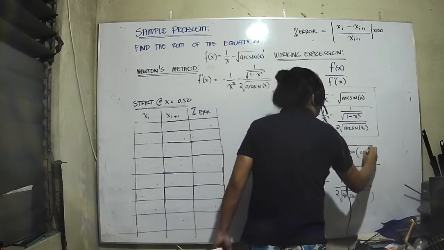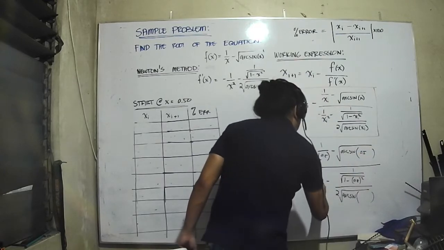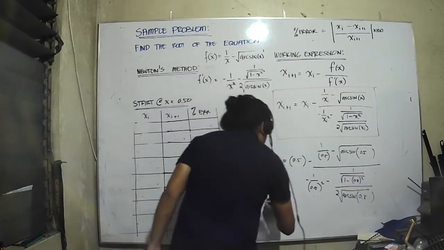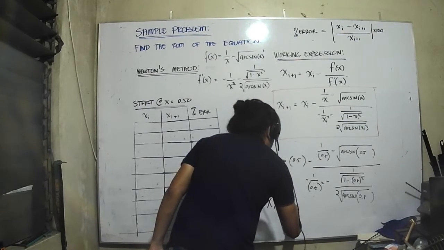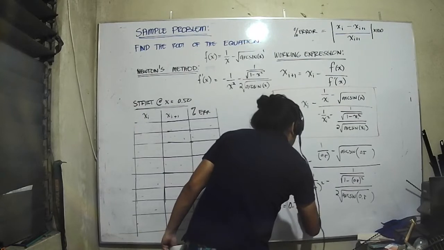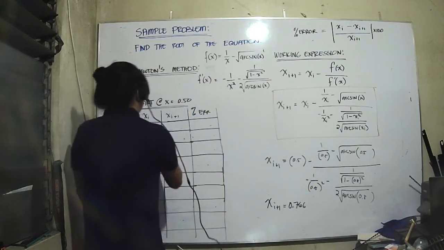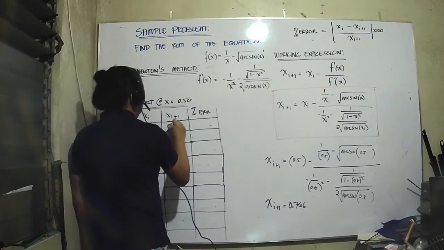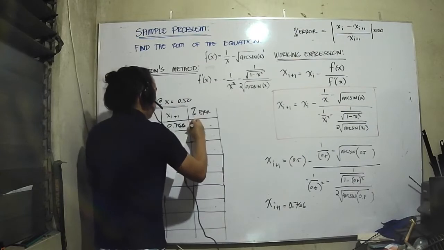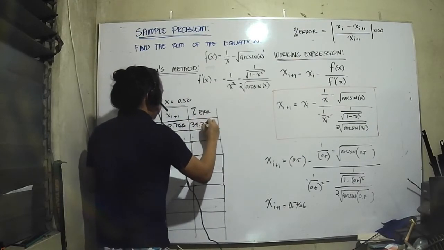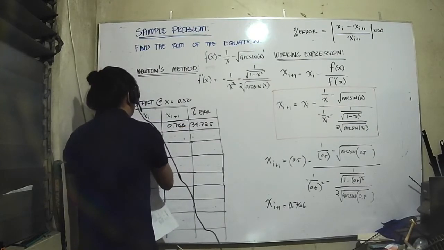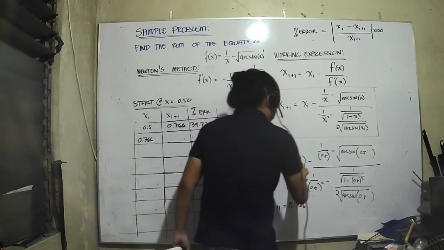0.5, 0.5, 0.5, 0.5. What comes out is 0.766. Okay? Start with 0.5, I end up with 0.766. It has a percentage error of 34.725. Okay? Now plug in 0.766.